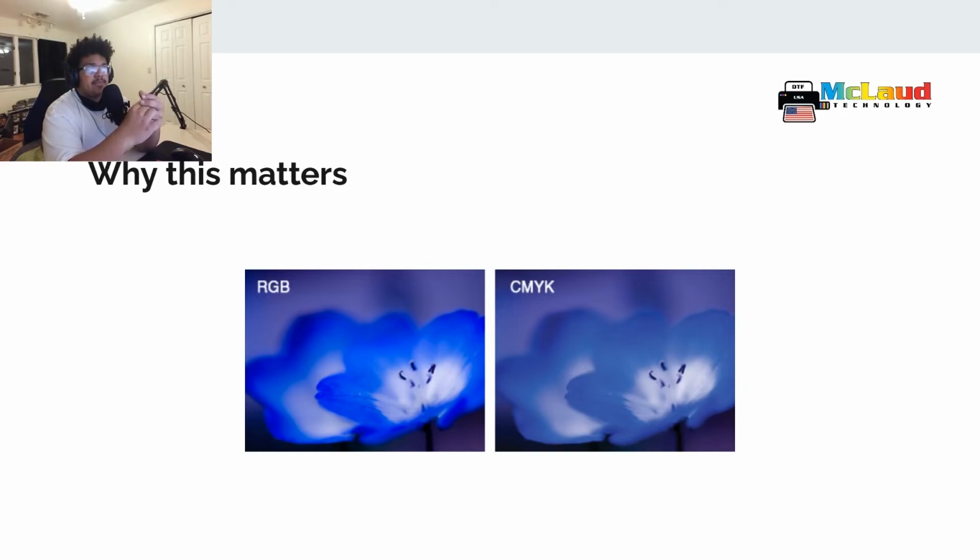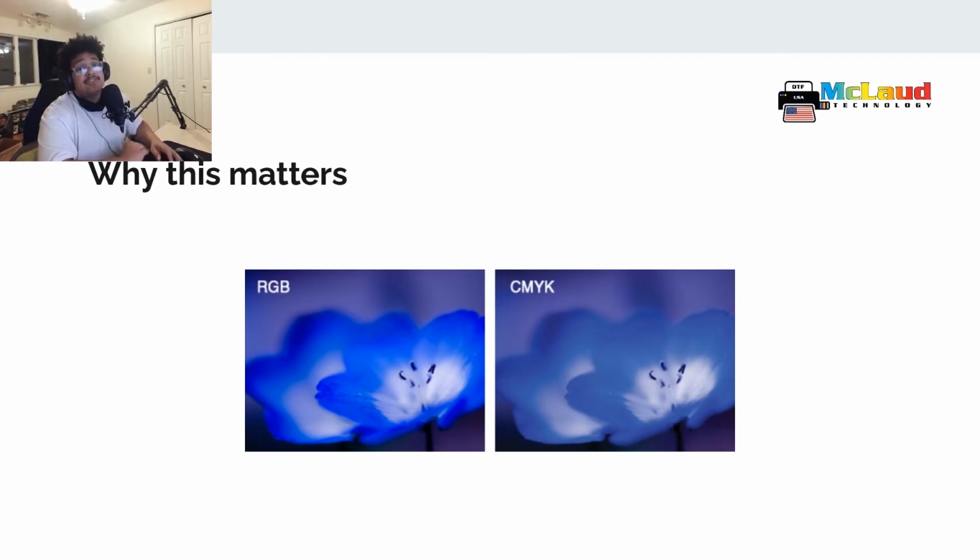So that's the biggest issue, and that's what you'll see when you're looking at something on your screen and then you print it out and it looks like the colors have been washed out. The printer is trying its best to match the colors that you fed it, but it can't quite do that because the file hasn't been formatted correctly.